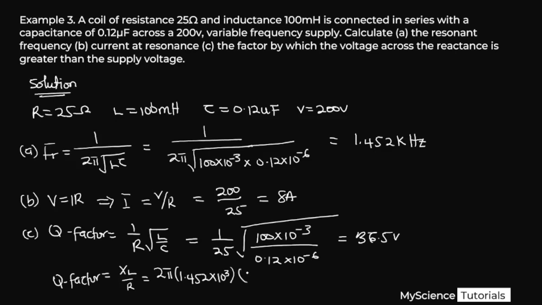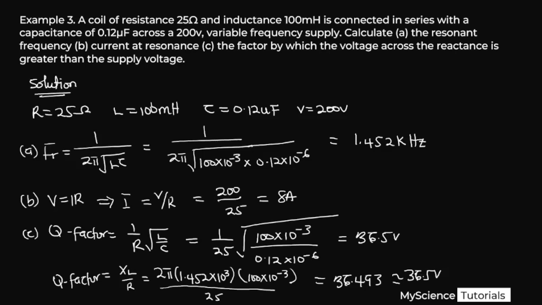So our L is 100 times 10 to the power minus 3, all on our resistance, which is 25. If we compute this into the calculator, we are going to get our answer to be 36.493, which is approximately equal to 36.5 volts.